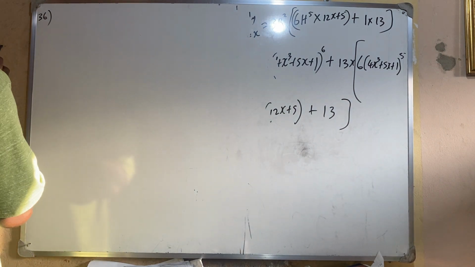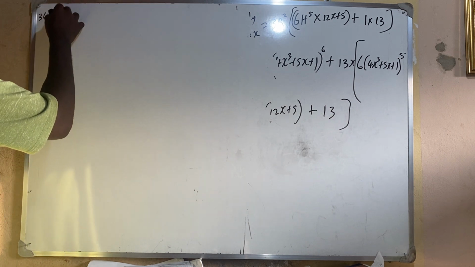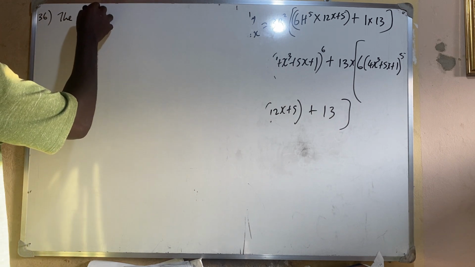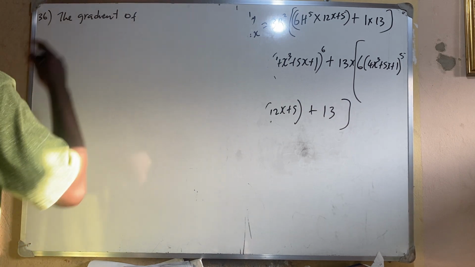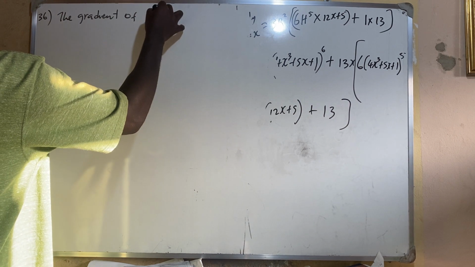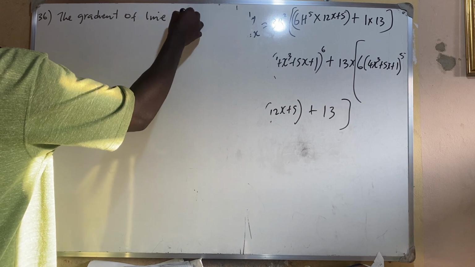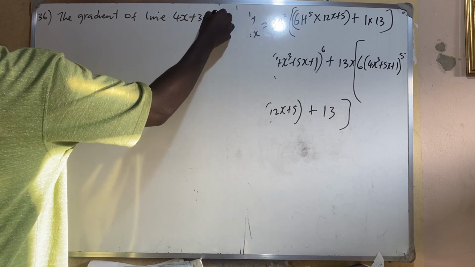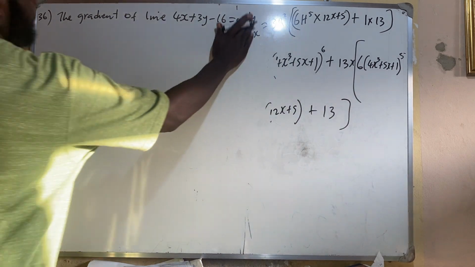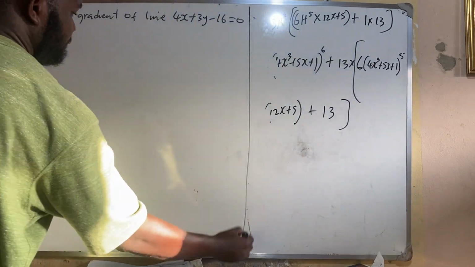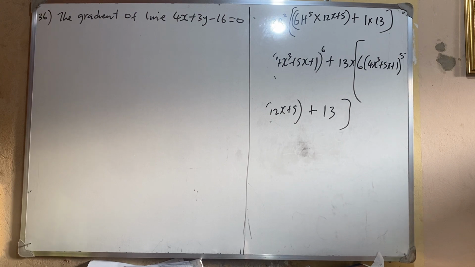Question number 36 said the gradient of the line 4x plus 3y minus 16 is equal to 0. The gradient is something like slope. And slope is what? The coefficient of x when you make y subject of the formula.